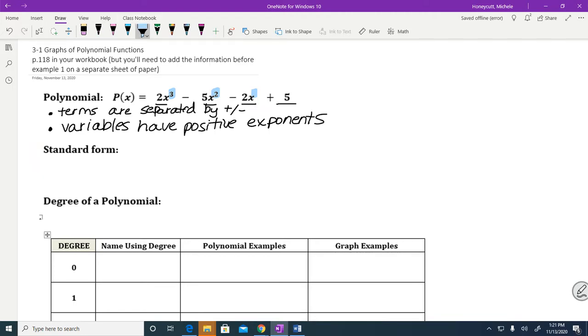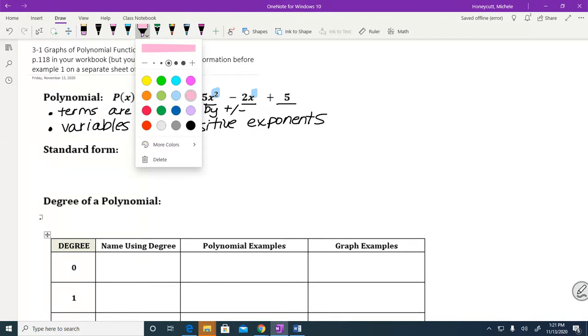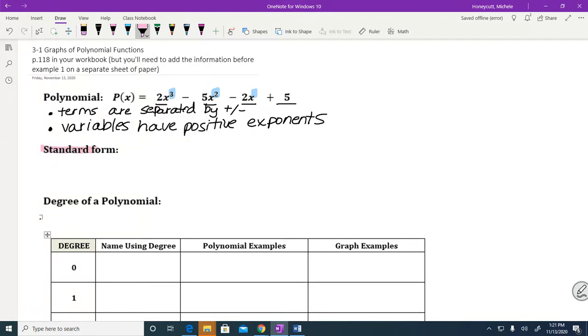And most of the time, you'll see polynomials written in standard form. Standard form is where you write the polynomial so that the exponents are going in descending order on the variable. So for this polynomial p of x, if I put it in standard form, it looks like it already is, where you have x to the third, then x squared, and then x to the first. So standard form, 2x cubed minus 5x squared minus 2x plus 5.